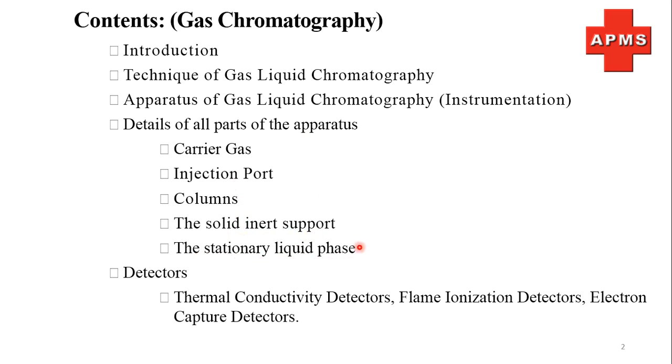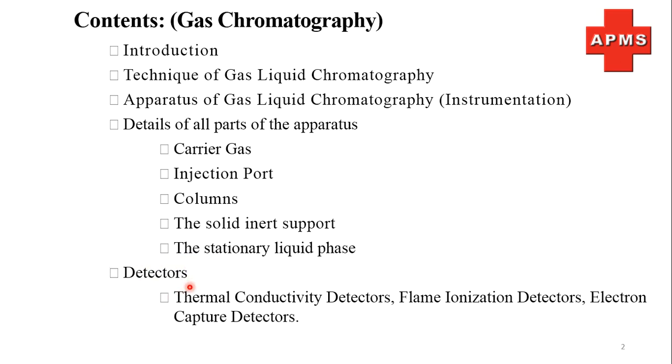These all are the components of the instrument of gas liquid chromatography, and at the end the last component, which detects the compounds present in a sample, will be detected by detectors.